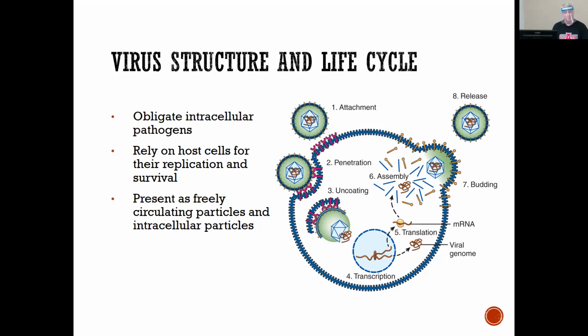So it's like mind control, take over the cell, invade the cell, the invasion of the body snatchers kind of idea here, right? And then they use that to start a new one. Then they reassemble, and out they go looking for another cell to invade. So that's the life cycle.